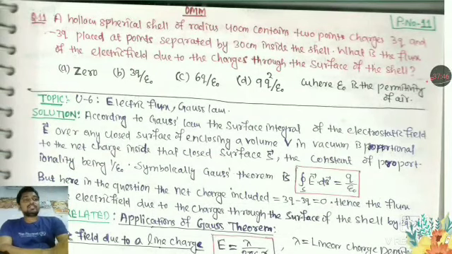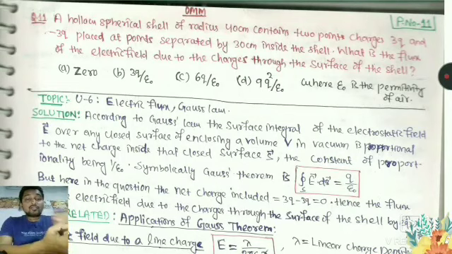Then this, we know what Gauss law says about a closed surface. The electric flux linked with a closed surface enclosing a charge is given by Gauss law.